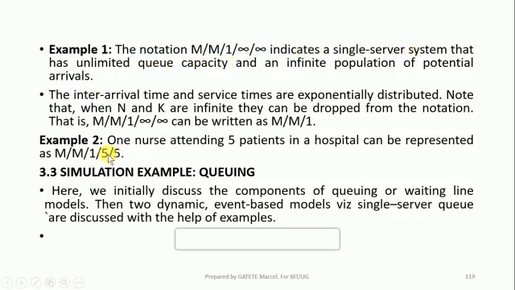Here I have 5 patients. What is the queue there? The queue for these patients is 5, because only 5 patients can go to the nurse, so she can serve only 5. So I have a queue size of 5. The population is also 5 here. And we are using exponential distribution for inter-arrival and service time here.